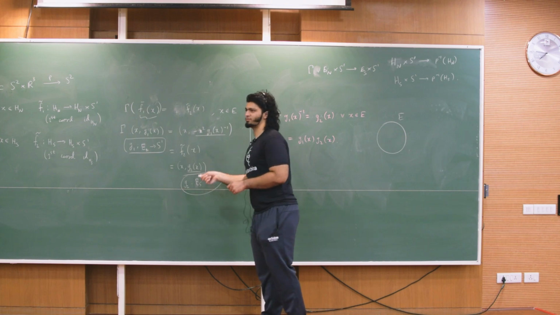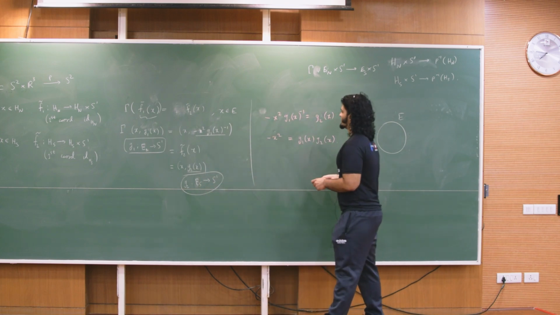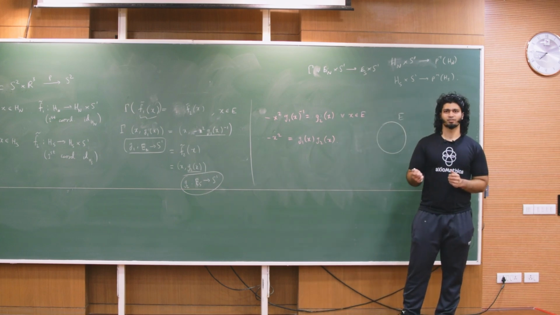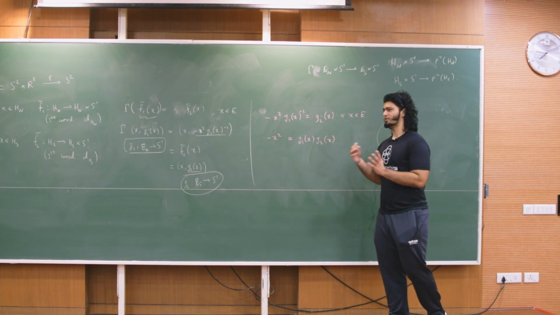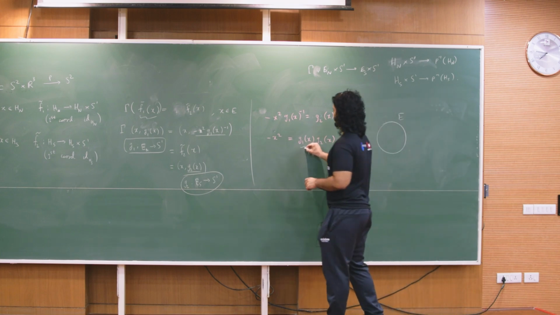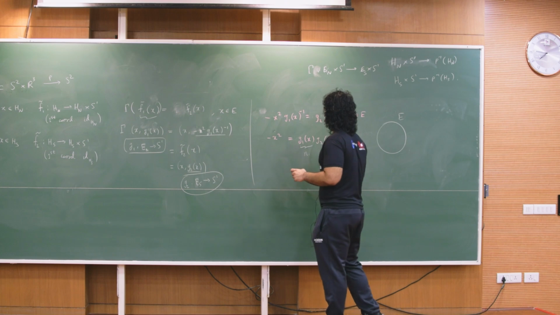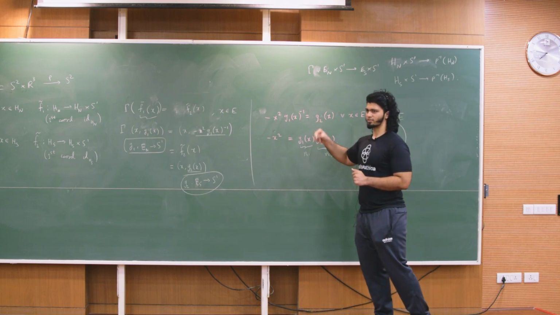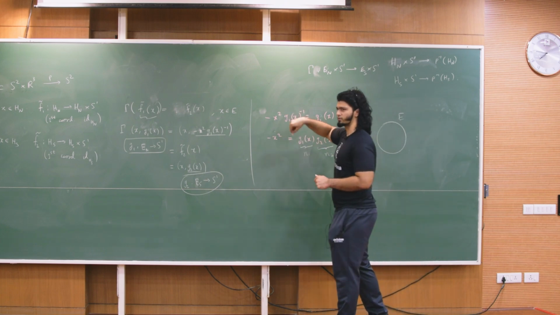G2 will also have its own winding number, and when you multiply two things, the winding numbers add up. So if you're interested in why, maybe we can take this at the end of the talk. But basically this one will go around some n1 number of times, this will go around some n2 number of times, and what you're saying is that the sum is 2 because this thing goes around twice.